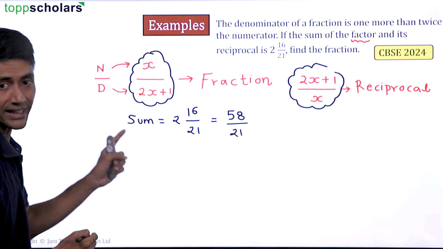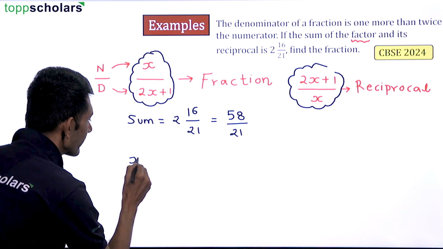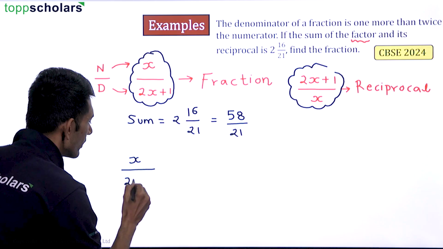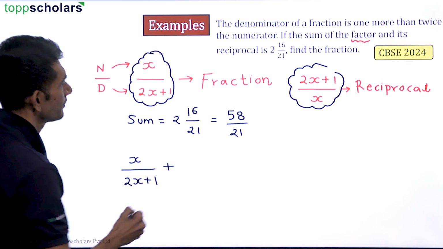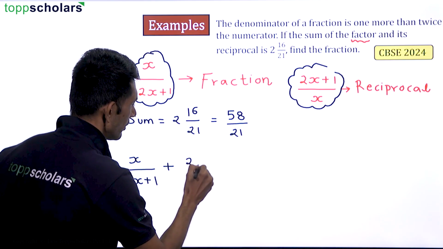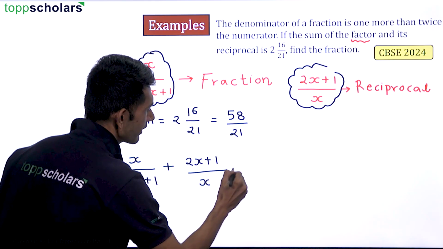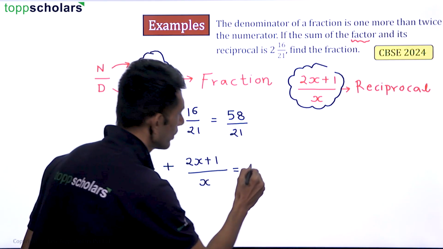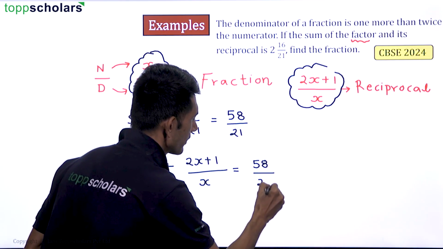And according to the given condition, their sum. So it is already given that their sum, that is x by 2x plus 1 plus 2x plus 1 by x is equal to 58 by 21.